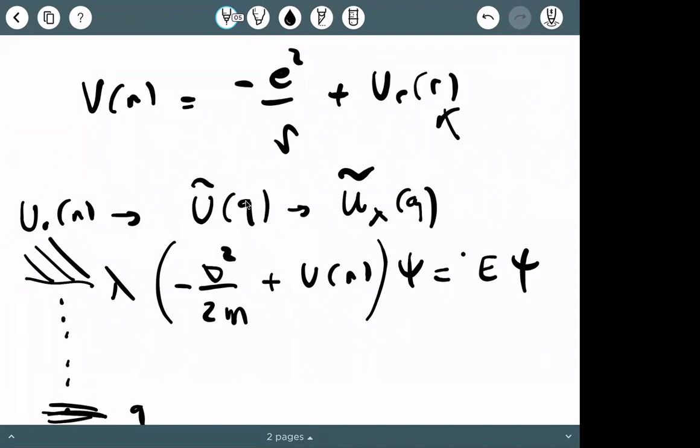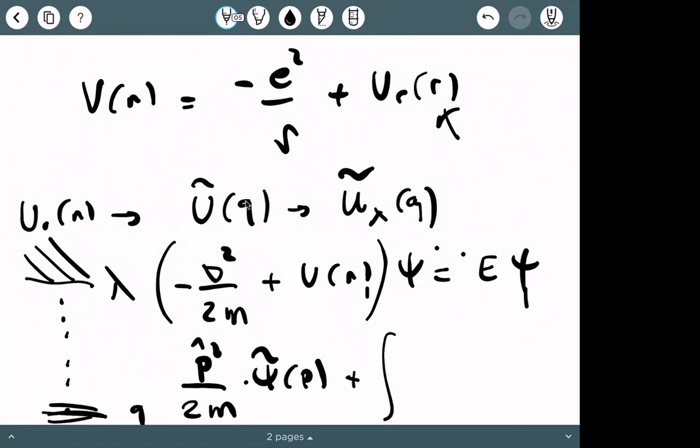I don't know if you have ever seen it, but I think you're not surprised to find that the kinetic energy operator becomes diagonal in momentum representation, but the potential is no longer diagonal, and what you get is actually a convolution between the potential and the wave function. And of course, then you have this term here.